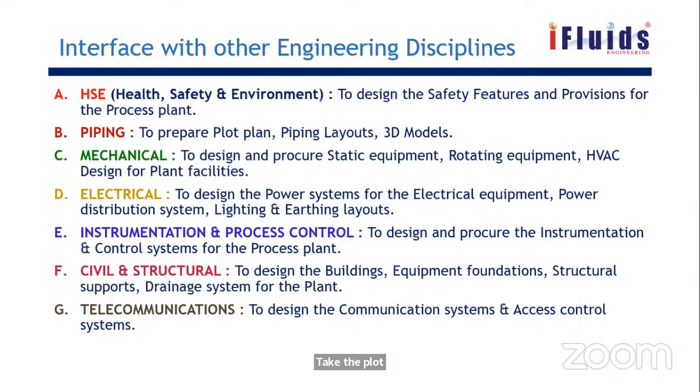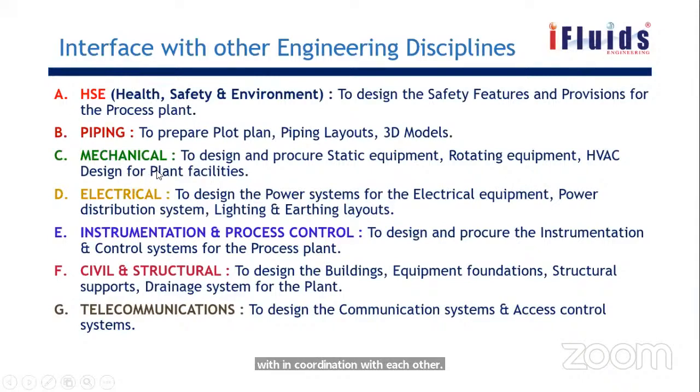Whatever the process design, the P&ID will finally be put in the 3D model, like how we see a house in a 3D model before going for construction. So the piping team is similar to process. There will be a dedicated piping team for each unit of the complete project. We'll give our input, like the P&ID, and all the disciplines work in coordination with each other.